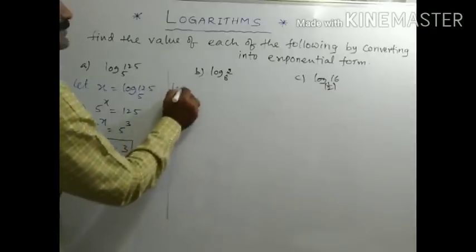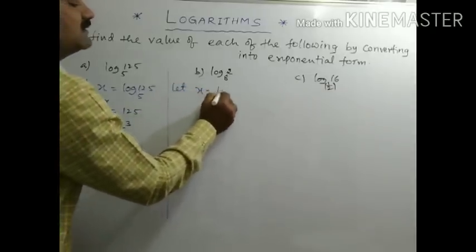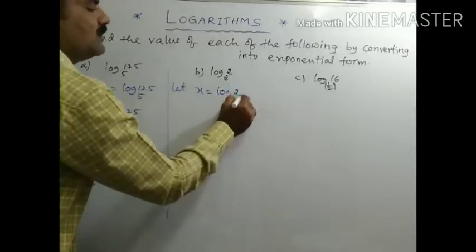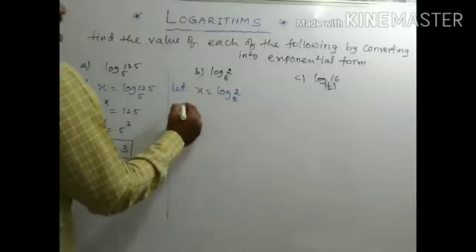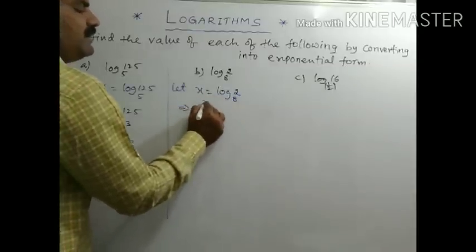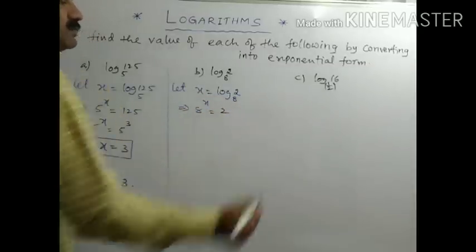Similarly, look at me, say some x. Now x is equal to log 2 to the base 8. Now can you try this? So this is nothing but 8 power x, which is equal to 2.